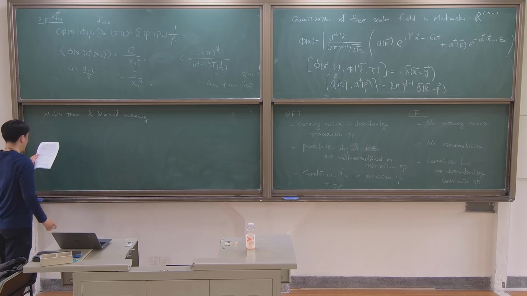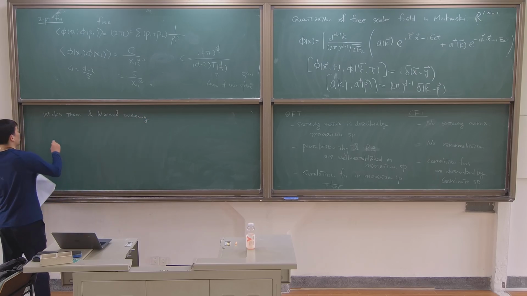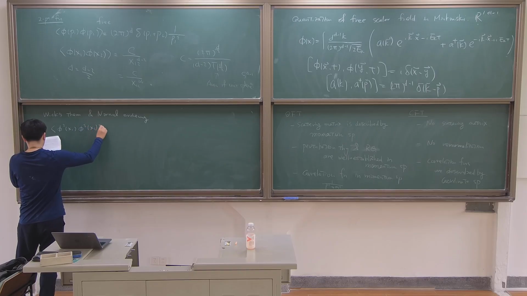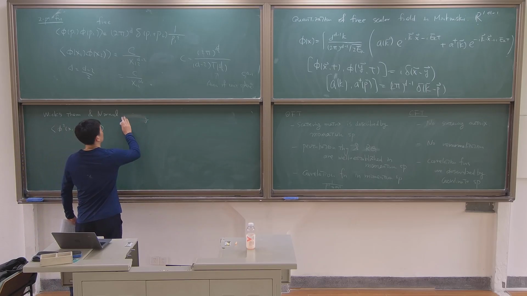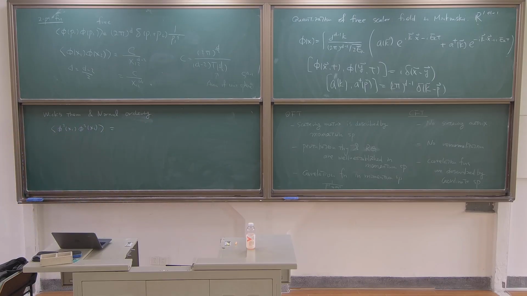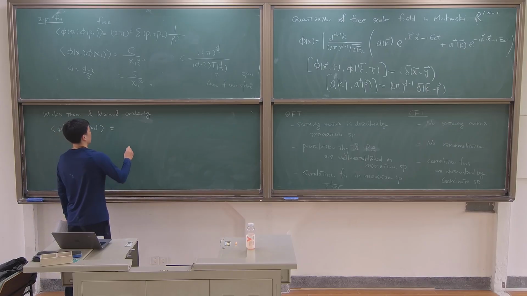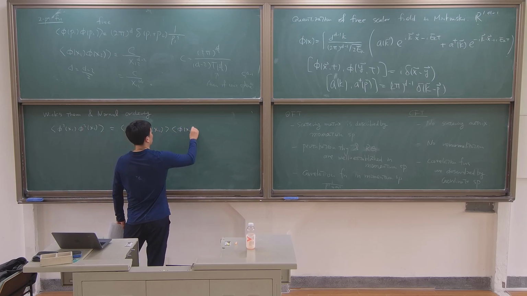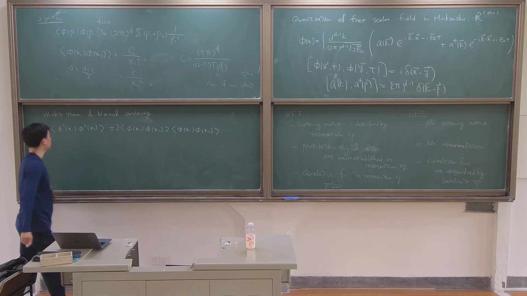So one can compute many correlation functions in the free theory. For example, phi squared of x1 with phi squared of x2, with normal ordering. This can be obtained from phi x1 phi x2 times phi x1 phi x2, and times 2. So there are two ways to do the contraction.